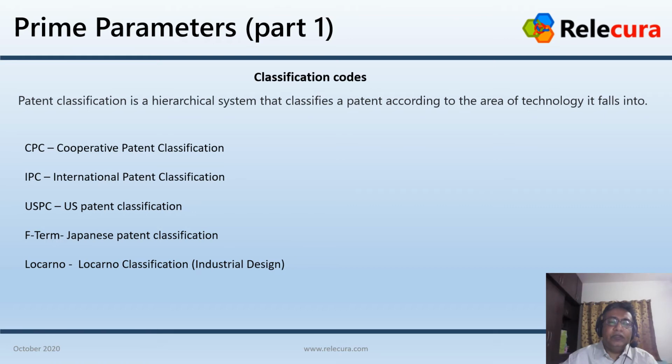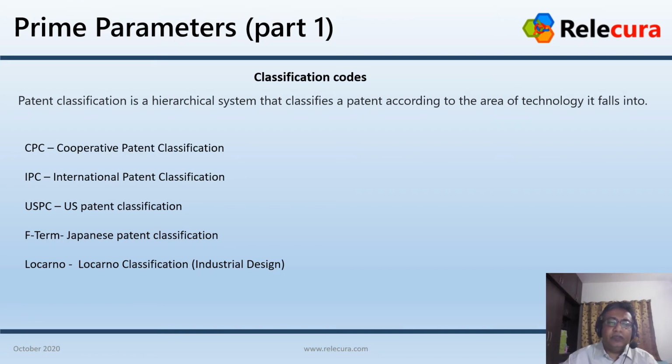USPC is the US patent classification code used by USPTO, but nowadays USPTO is also using CPC classification code. F-term is the classification code which is used by the Japanese Patent Office for classifying Japanese patents.